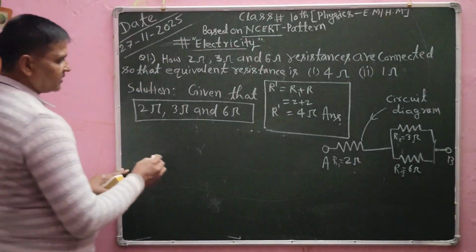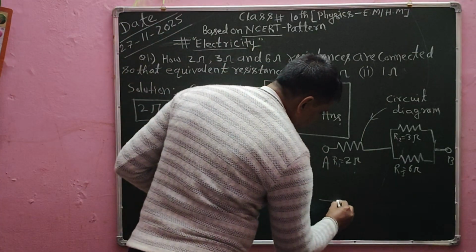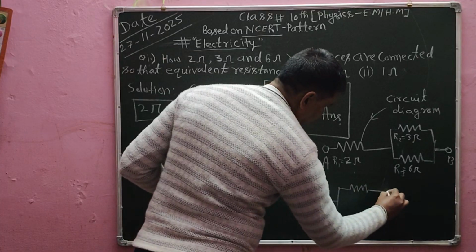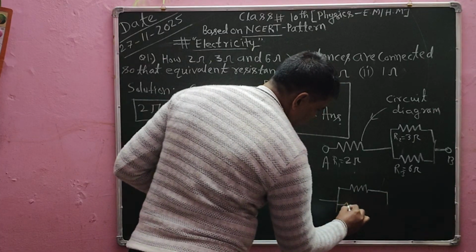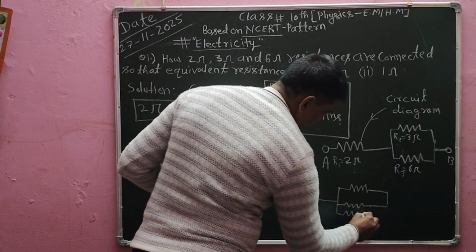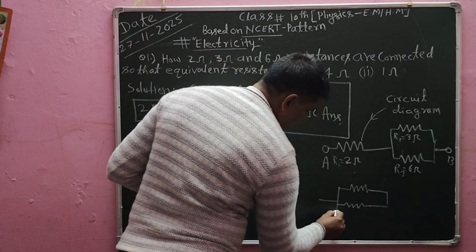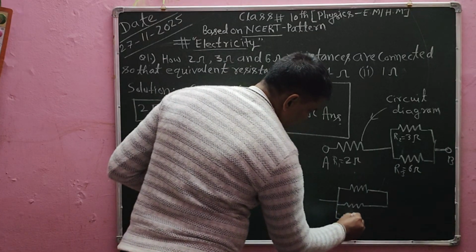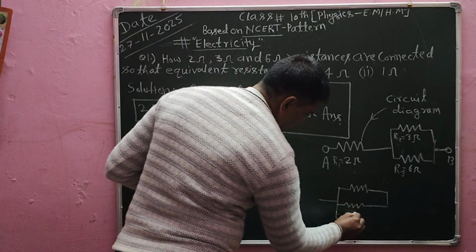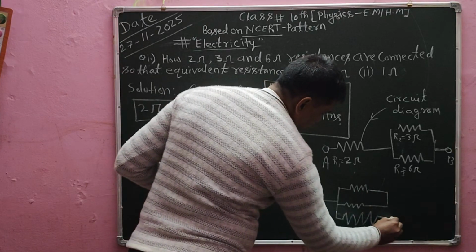Now here I will connect this circuit diagram like this, and all these three resistances I will connect in parallel, and after connecting in parallel I will also calculate its value.